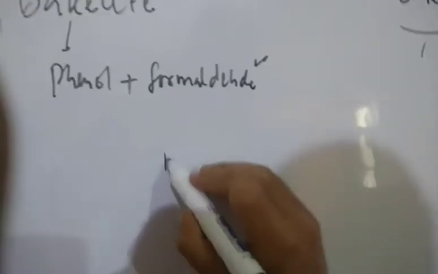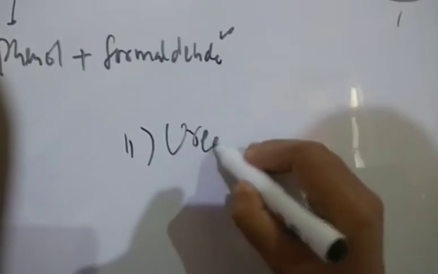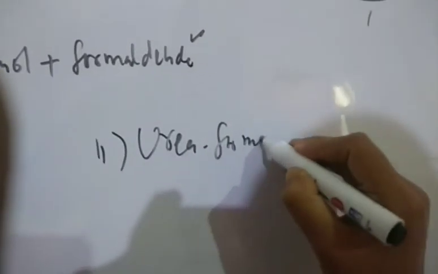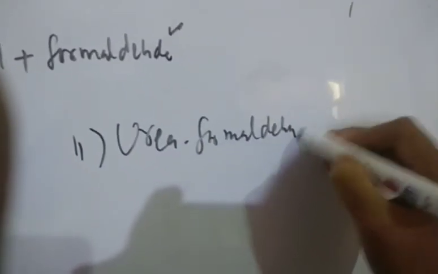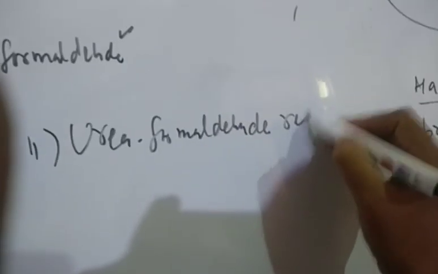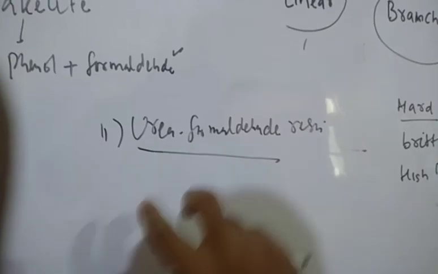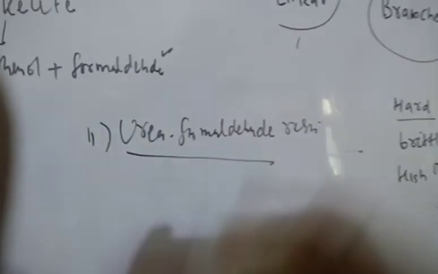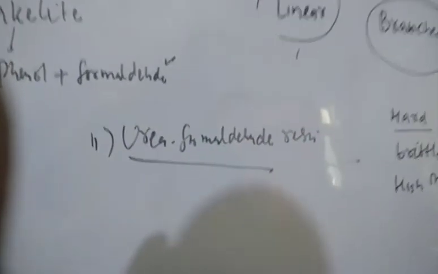Number 2, urea formaldehyde resin. We have prepared the lectures for this too, and we have prepared it in the lab. Everything is uploaded, so please go through that, or we can discuss it in the coming lectures.